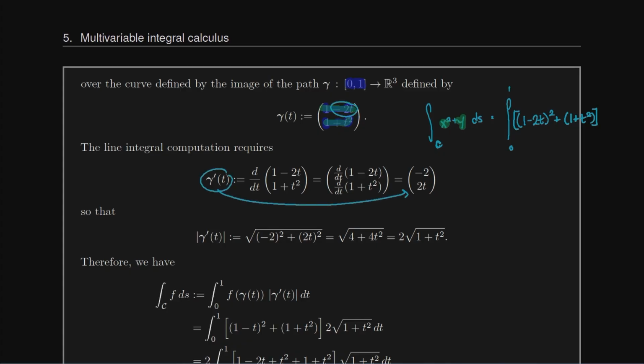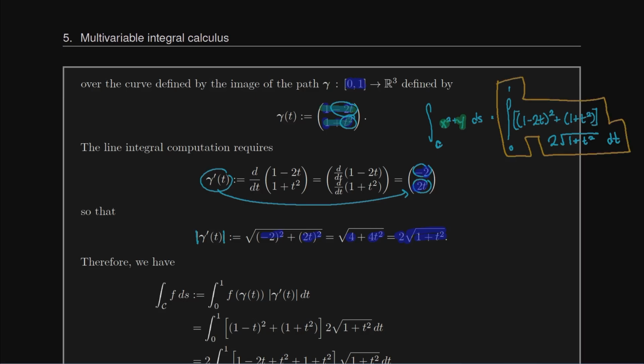The derivative of negative 2t is negative 2, and of t squared is 2t, so if I compute the magnitude of that, I square negative 2 to get 4, I square 2t to get 4t squared, and we end up with 2 root 1 plus t squared, and dt.